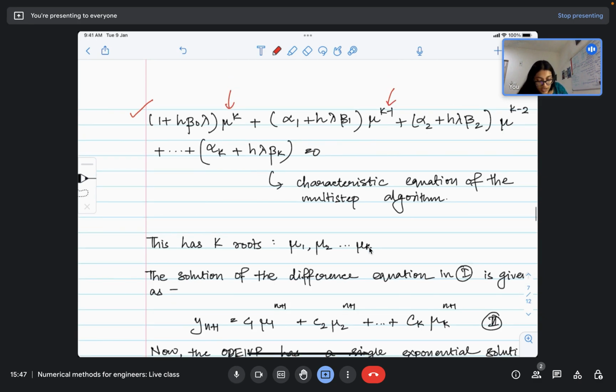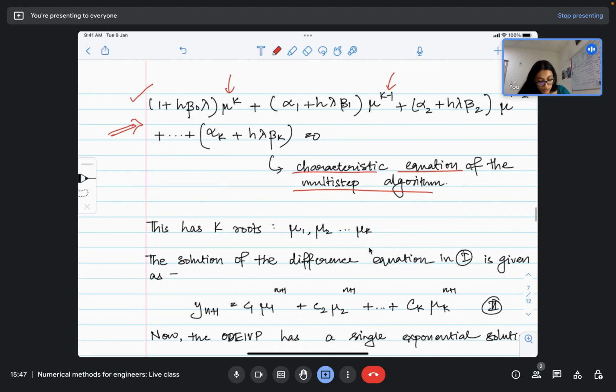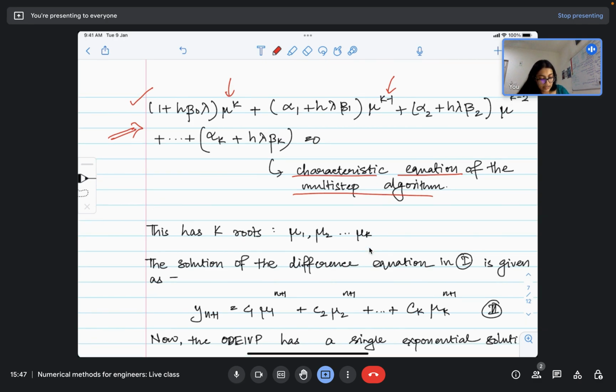Now this equation is known as the characteristic equation of the multi-step algorithm. This has k roots, and the roots are mu1, mu2, and so on until mu k.